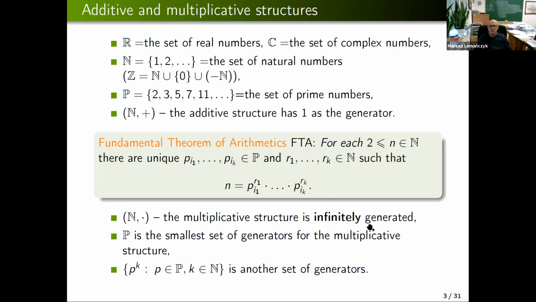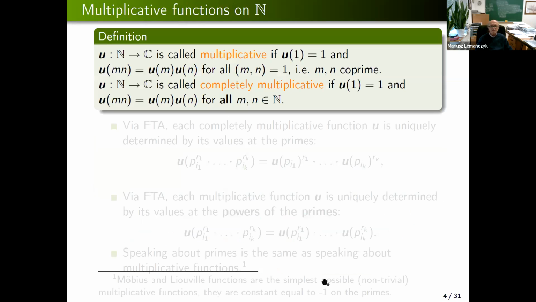You need infinitely many numbers to represent n as a product of this chosen set. The set of the prime numbers is the smallest set of generators for the multiplicative structure, but of course you can choose some larger sets. Another option would be to take, for example, the powers of the primes.